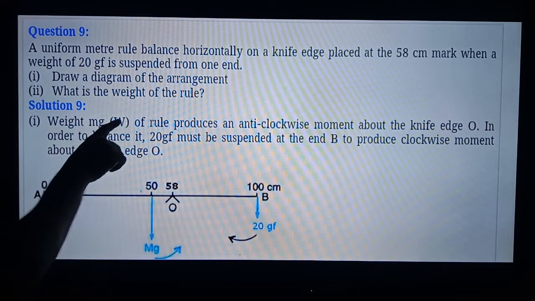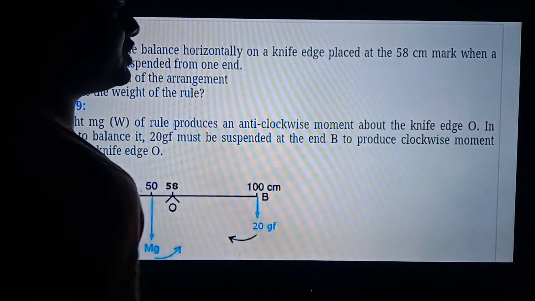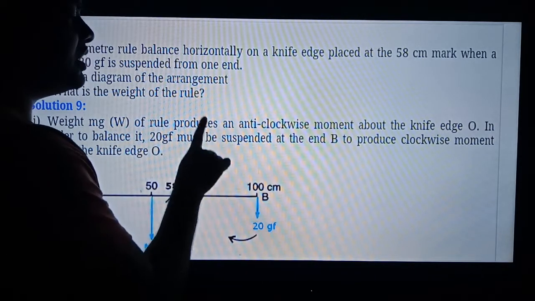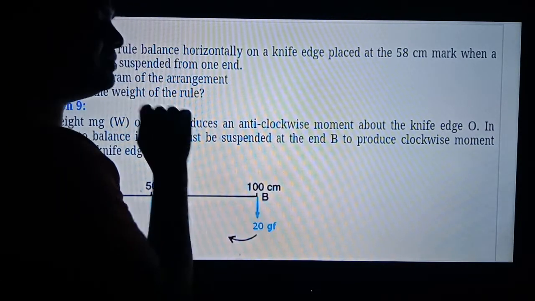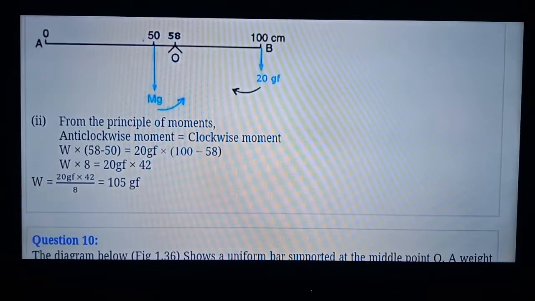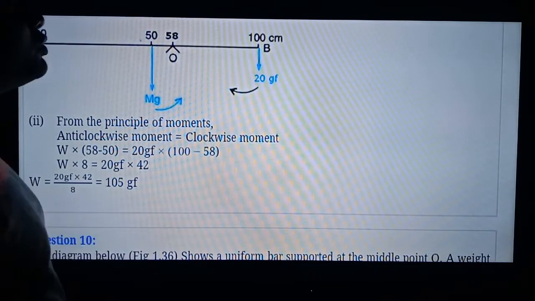The weight mg, that is W of the rule, produces an anti-clockwise moment about the knife edge O. In order to balance it, 20 GF force is suspended at the end B to provide a clockwise moment about the knife edge O. From the principle of moments, anti-clockwise moment is equal to clockwise moment.